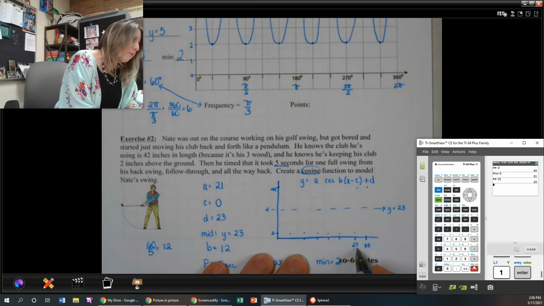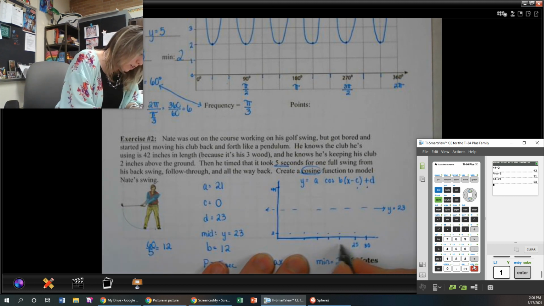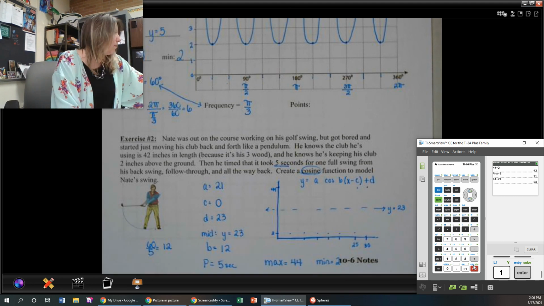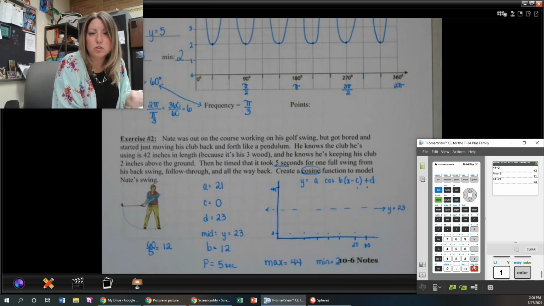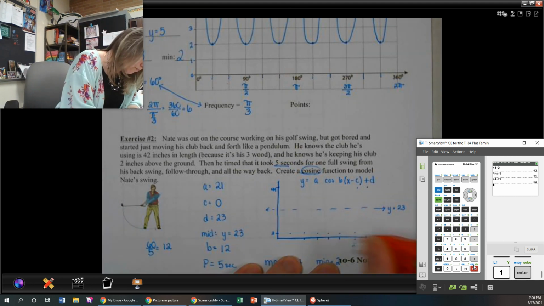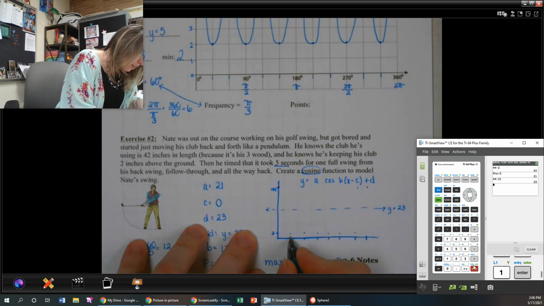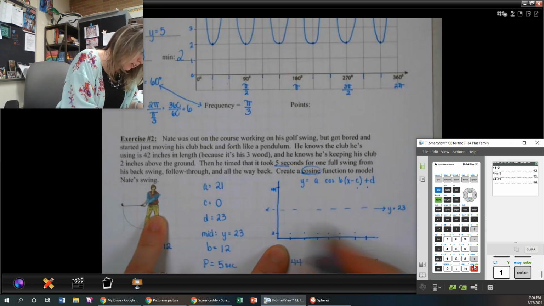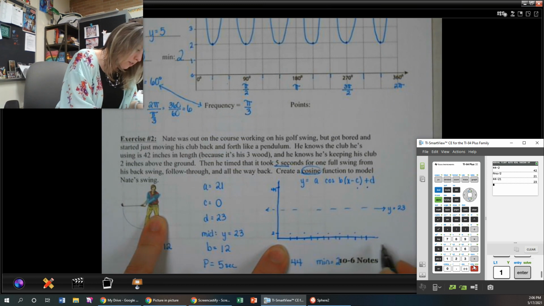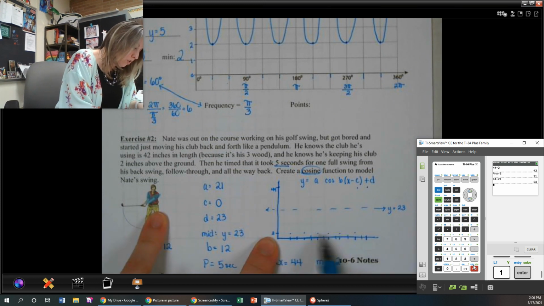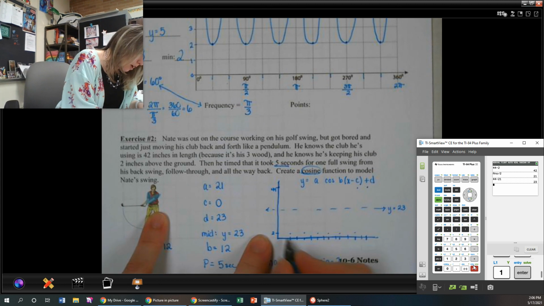So that would be 2.5 seconds later. I'm just confusing you right now. These are not 5-second intervals right here. These are 2.5-second intervals. These would be your 5s. And 1, 2, 3, 4, 5, 6 of them.